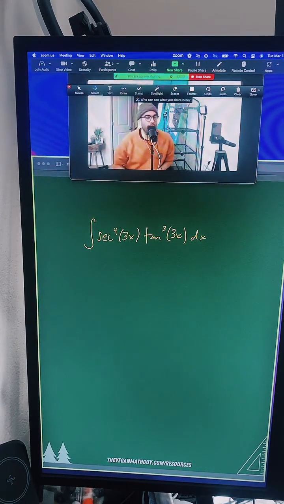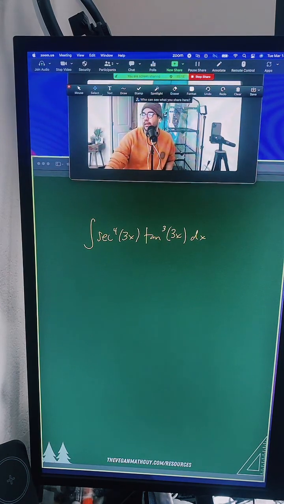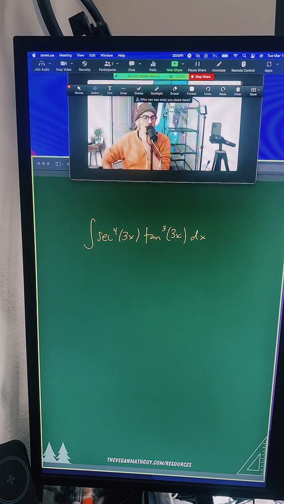I feel like I kind of see what we can do. Oh, I see it already. Okay, but let's see what people are saying in the comments. So, Arturo, you're probably learning the power reducing formulas here, and that's exactly what you're going to do. And it's definitely going to be a u sub type problem.